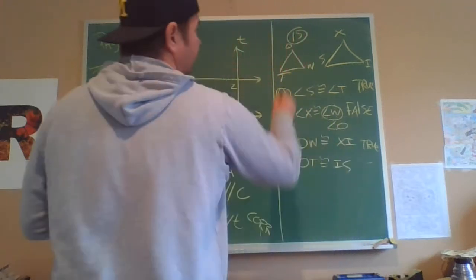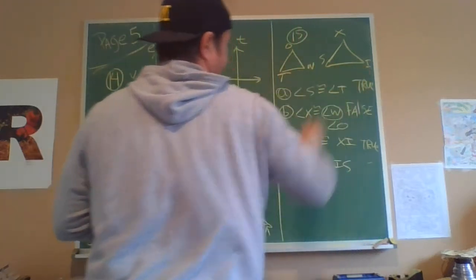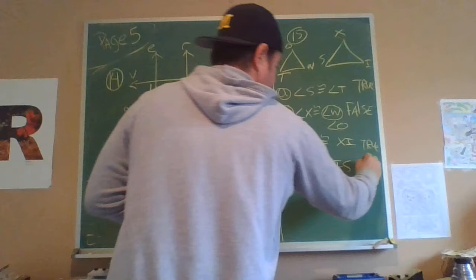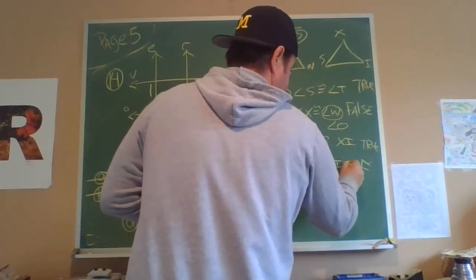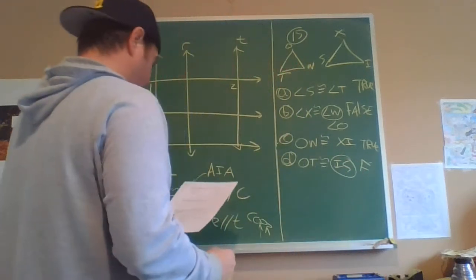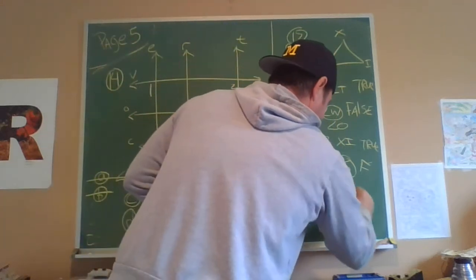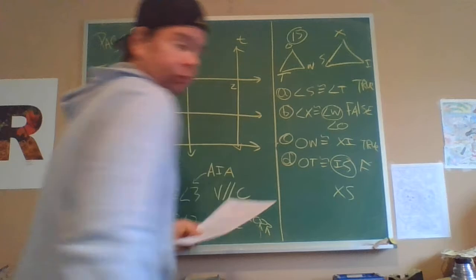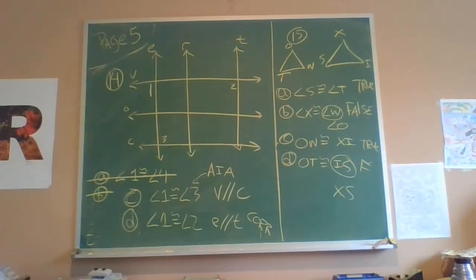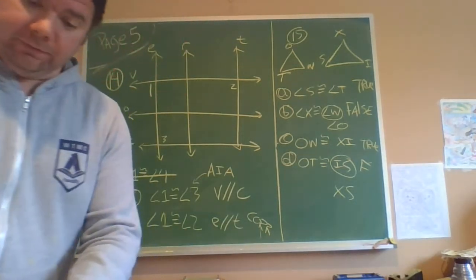Is that true? OT is not corresponding with IS, so this is false. And this segment here would need to be changed to XS, and that would make it true. So that's a wrap for question number 15.